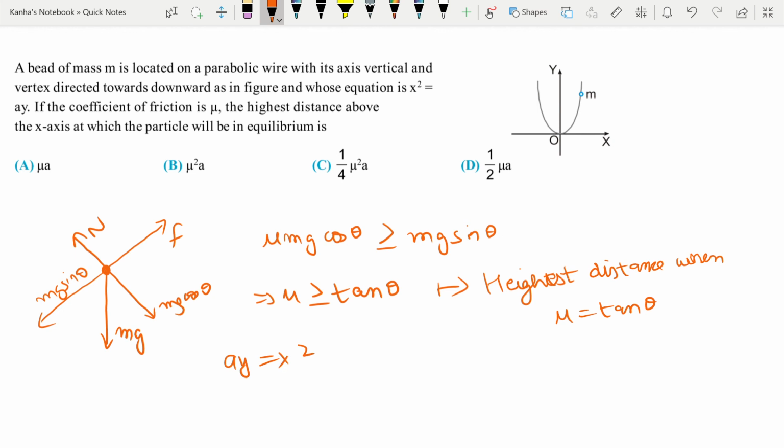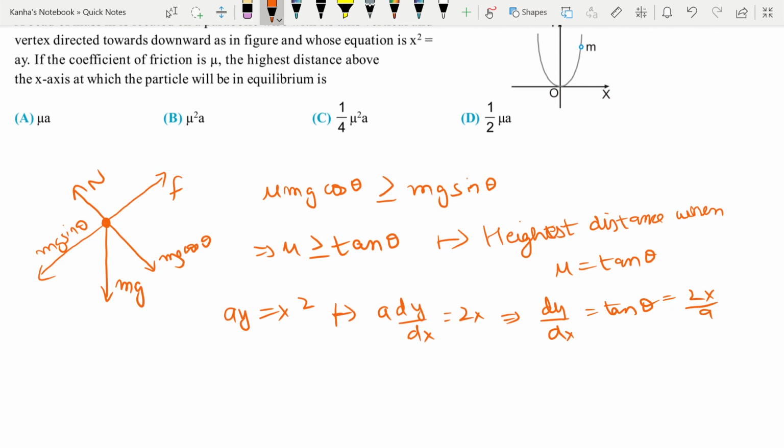How do you do that? You take the derivative with respect to x on both the sides. That implies a into dy by dx is equal to 2x, or dy by dx, which is tan theta, is equal to 2x by a.